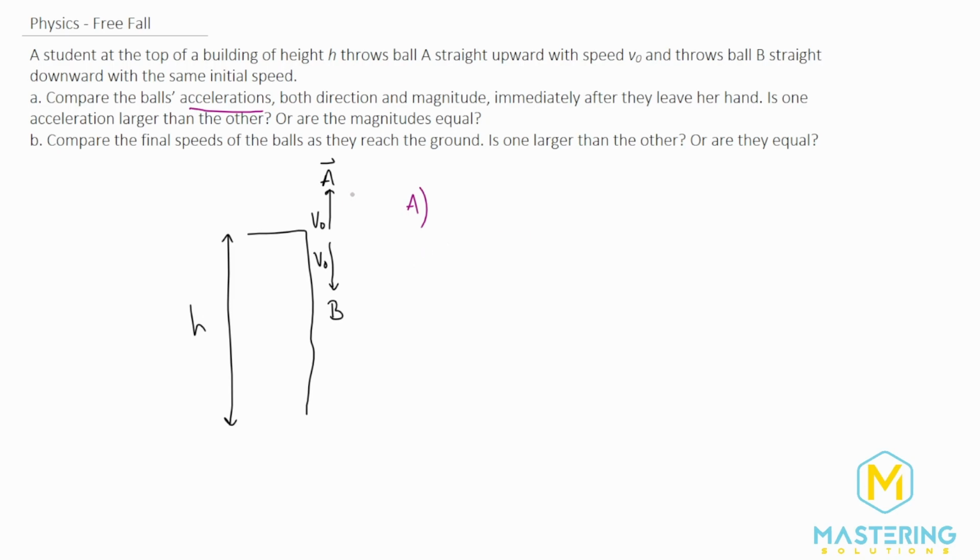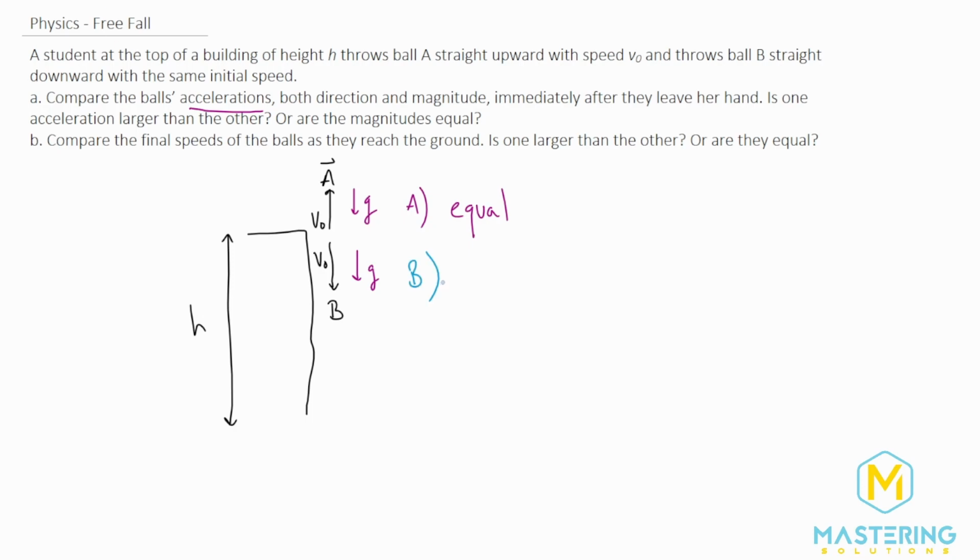So for ball A, we could illustrate gravity like that for g. And in ball B, gravity is also going down like this. And so since the only thing that's acting on them is gravity, the magnitude and the direction of the acceleration is actually the exact same. So we can put equal.